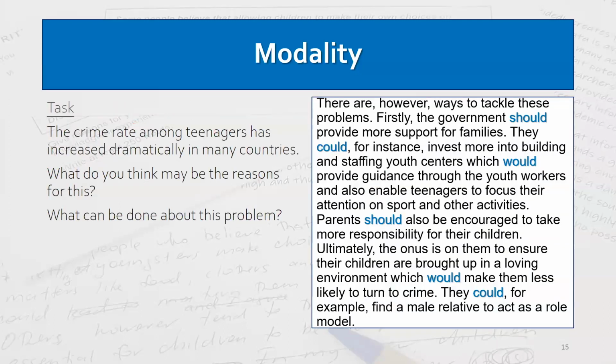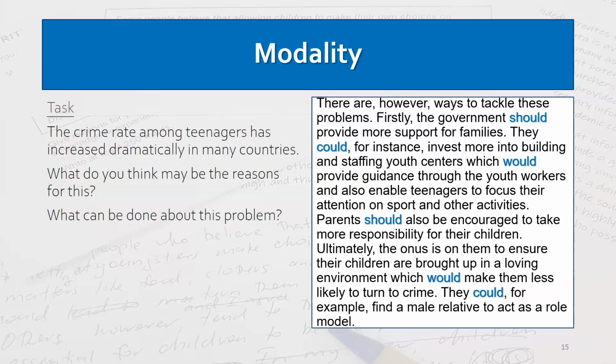So here comes an example of how we can use modal verbs. You can see from this sample task and the sample paragraph here. This time the task is about crimes, right? Again, an example of a piece of expository writing because you are told to explain the reasons behind and propose some solutions to the problem.